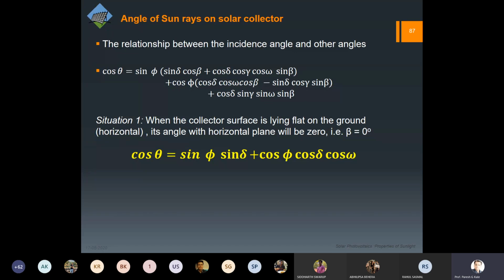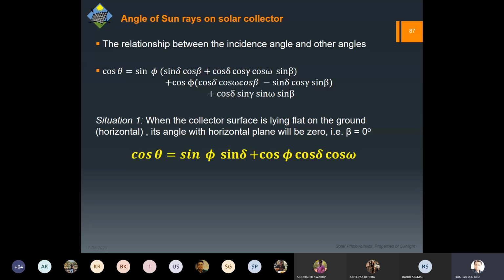But we will understand, and I have told you, that keeping a panel flat is not going to optimize, as we live in the northern hemisphere, and the sun is hardly going to come into the northern hemisphere. So logically, with common sense, we can understand that if our panel is due south, that is facing towards the south, we are going to get the maximum radiation.